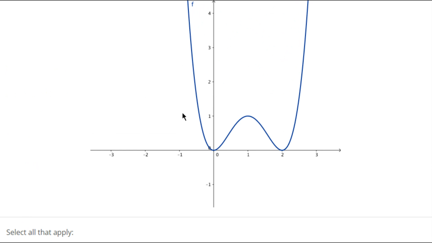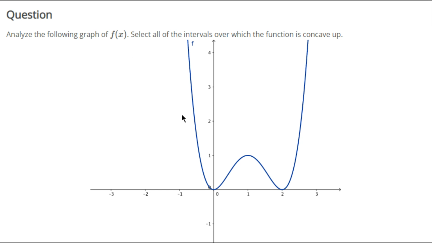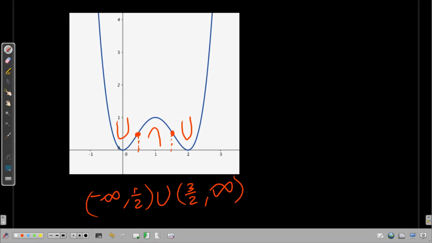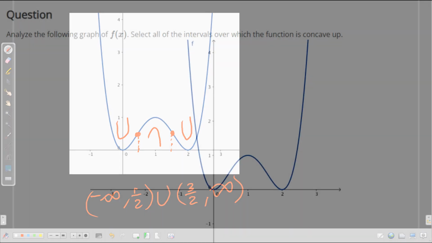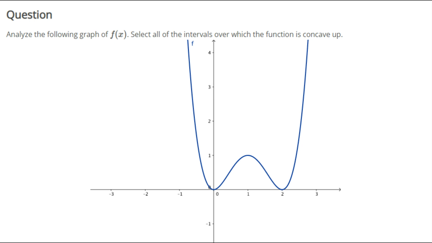Select all the intervals over which it is concave up. Okay, I understand the question. They're not asking me to produce the interval where it is concave up. They're asking me to pick from this list whichever intervals satisfy the criteria that it is concave up.